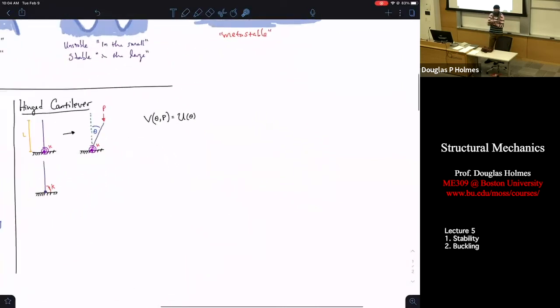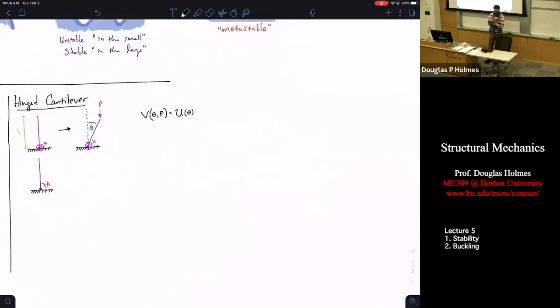Now, what's the work in this case? The work is going to be the force times the displacement. The displacement's not really obvious, but it should depend on our angle.